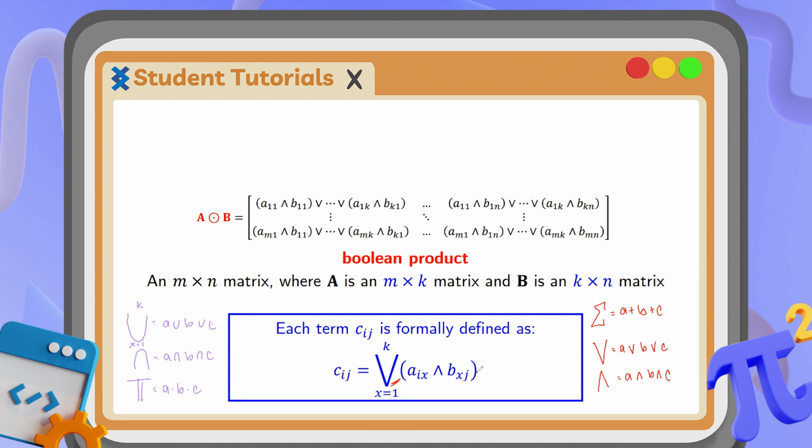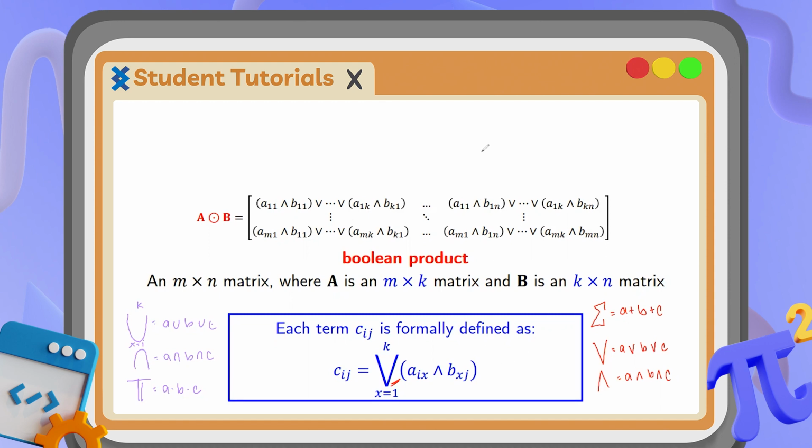So in this case, if k is equal to 2, this would be equal to a sub 1,1 and b sub 1,1.